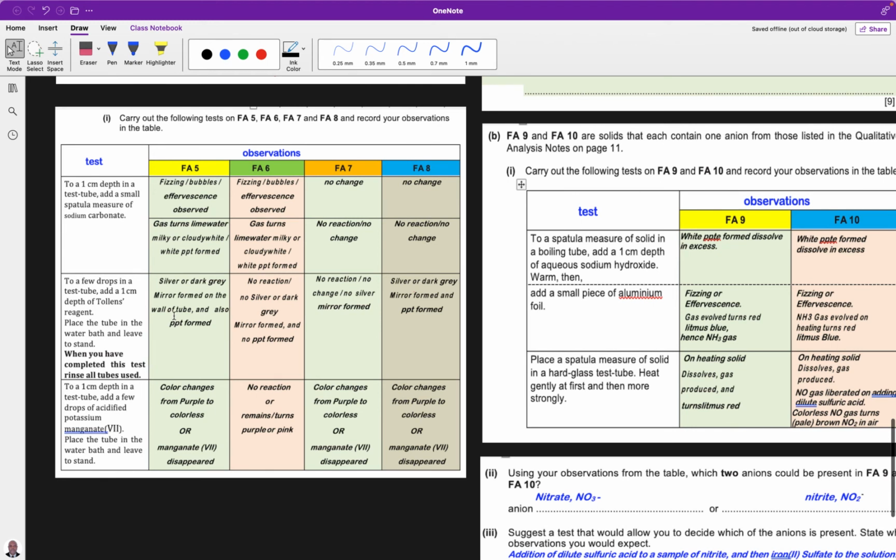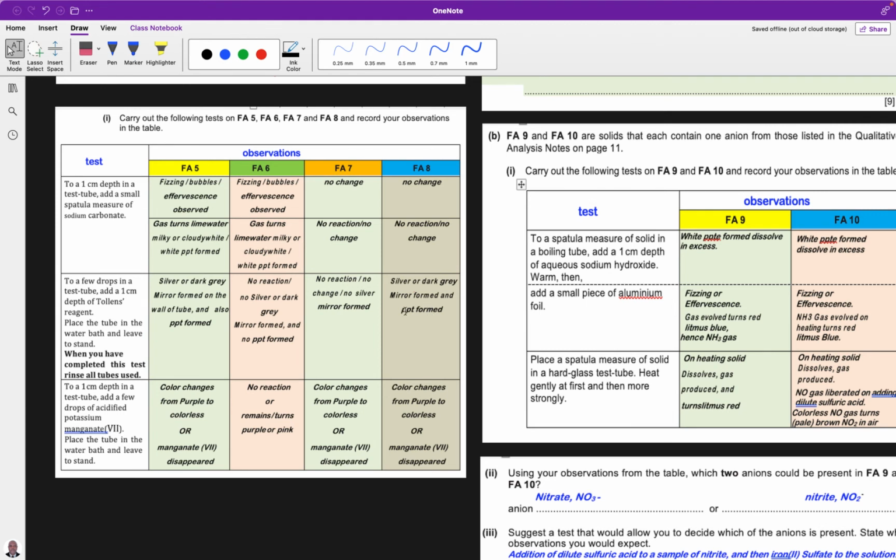I saw that for FA5, there was a silver mirror that was formed, nothing for FA6, nothing for FA7, and a silver mirror was formed in FA8. FA8 and FA5 have something in common. It must be a carbonyl group, a carbonyl group in this case.